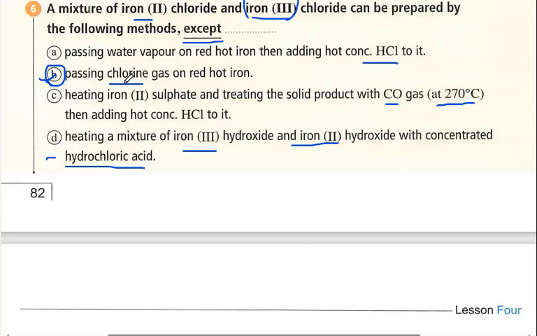Here the only method which cannot produce iron 2 and iron 3 is passing chlorine gas on red hot iron to form only ferric chloride. It cannot be used to make iron 2 chloride. So the correct answer here is passing chlorine. Heating a mixture of 2 and 3 iron hydroxide will produce both of them, so it is excluded.